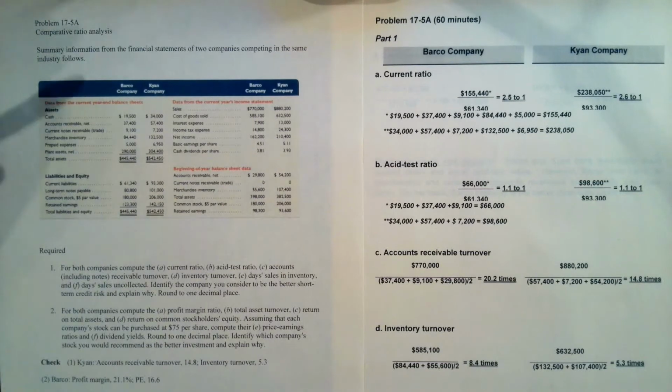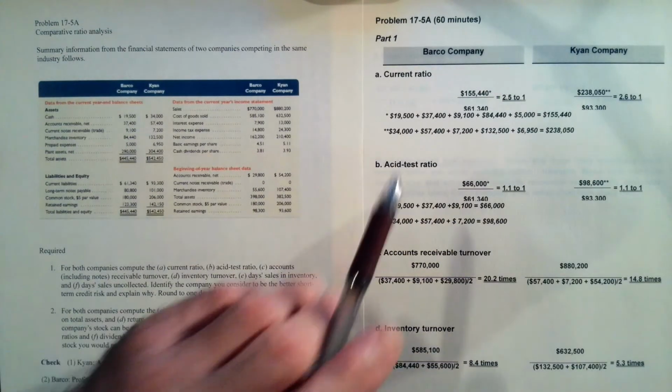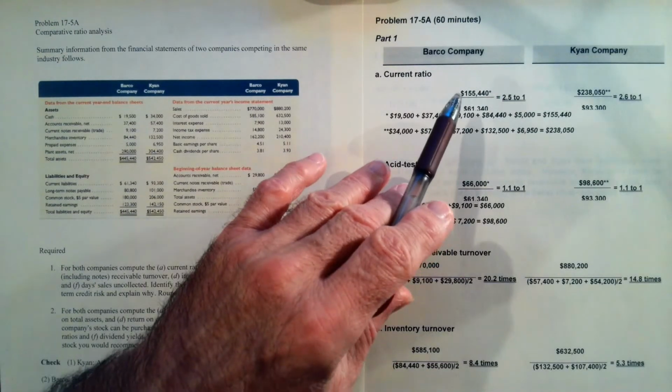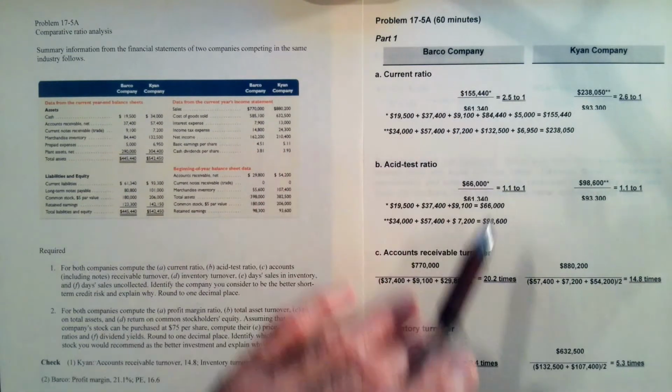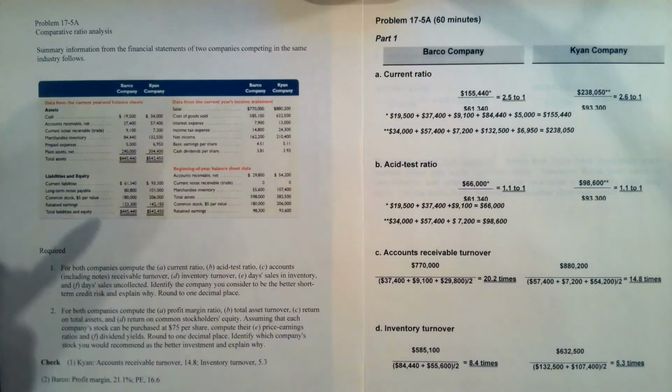Alright. Current ratio. Current ratio is the easiest one. It's the one I remembered most of all the ratios. It's current assets divided by current liabilities. So I look over here, and where are my current assets? Well, cash, accounts receivable, current notes receivable, merchandise inventory, prepaid expenses, pretty much everything up to but not including plant assets. Once you hit plant assets, we're talking long term.